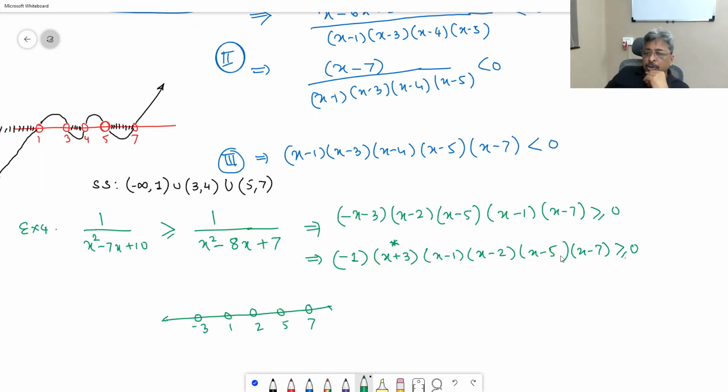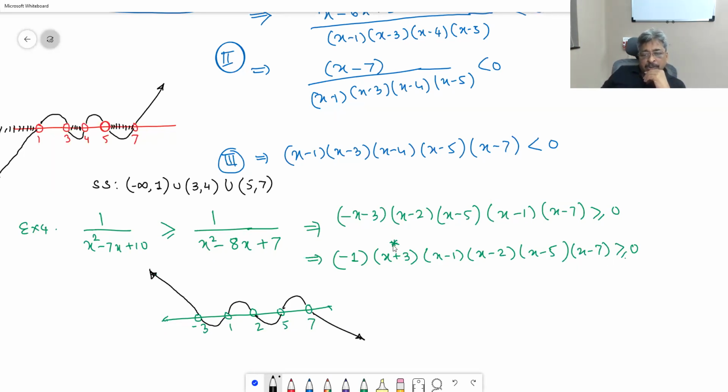When you multiply the negative product of 5 brackets with minus 1, the graph enters like this. And then no bracket is repeated, every bracket is different, therefore it is simply a wavy curve like this. You may cross check in the end. If you put a value of x greater than 7, say 8, all 5 brackets are positive, multiplied by minus 1 will become negative and hence this will go to negative infinity.